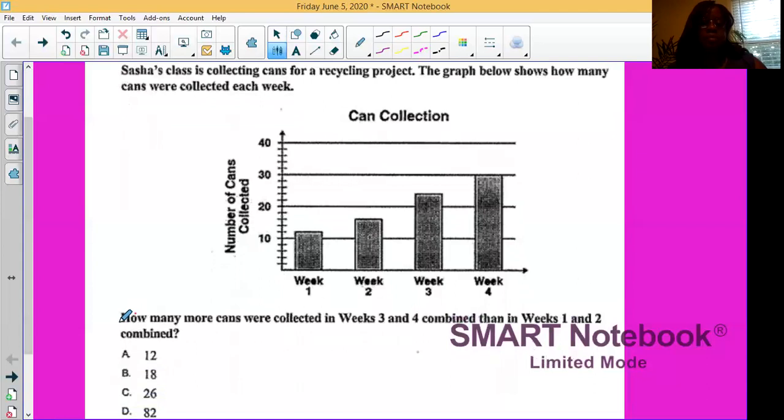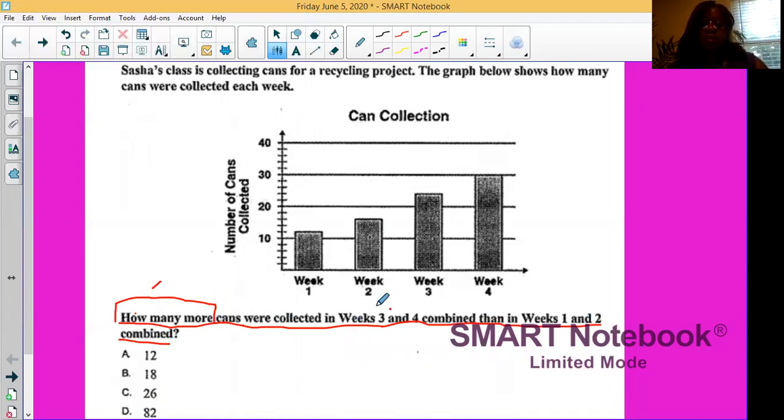And our big question says, how many more cans were collected in weeks 3 and 4 combined than in weeks 1 and 2 combined? Okay, so I need to box in how many more. How many more tells us that we're going to do what? At some point, we're going to what? You're exactly right. So annotate subtraction above it.